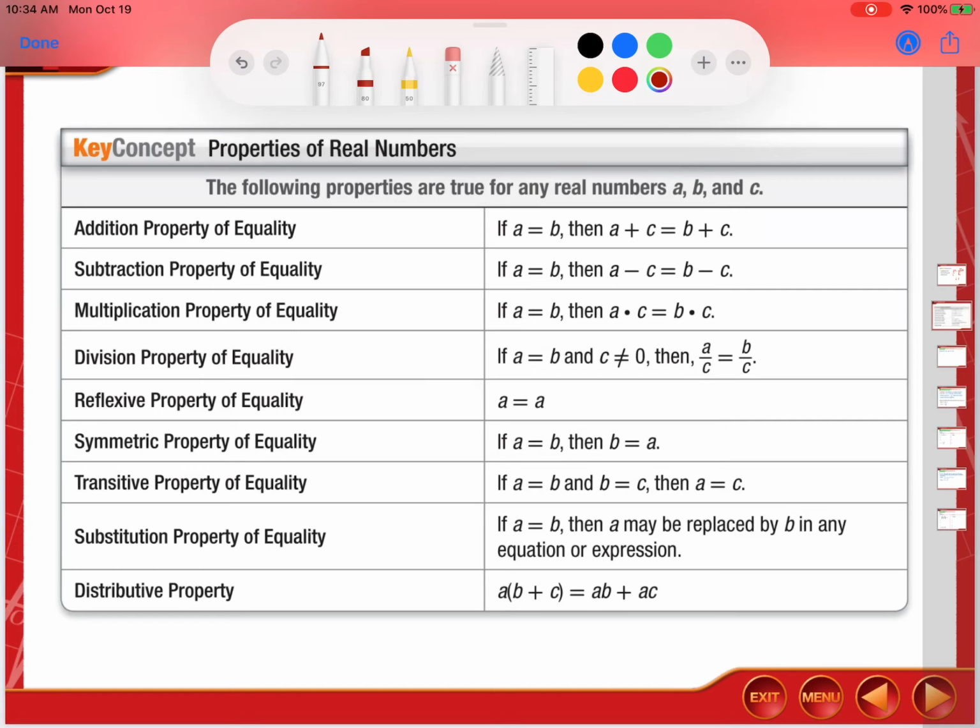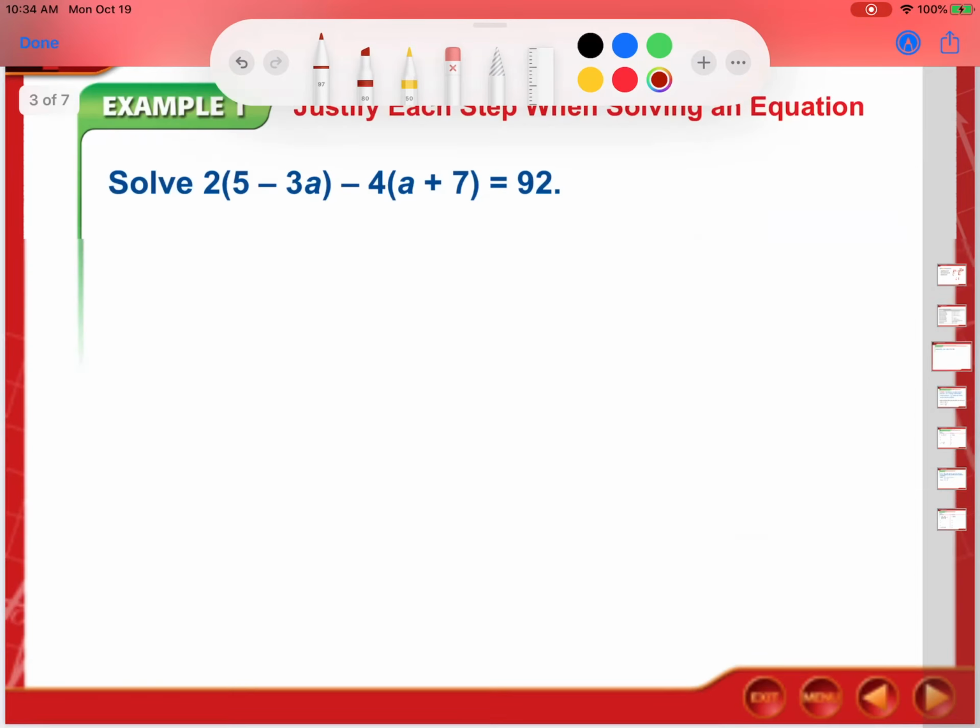You might not have named them as they're named here. I would copy these into your notes or print off this slide. I'm going to keep moving for sake of time in the video, but I would pause the video at this point and write down all of these or make a copy of the slides presentation from the 2.6 folder.